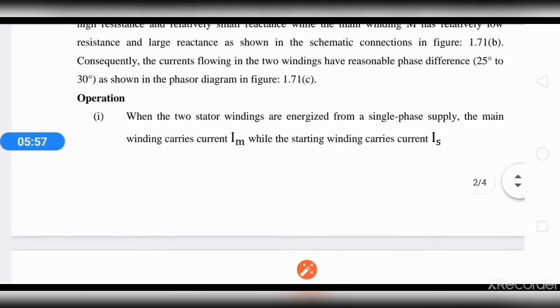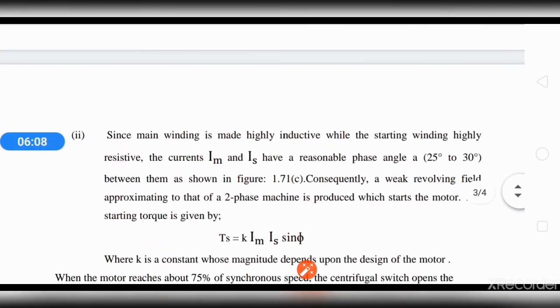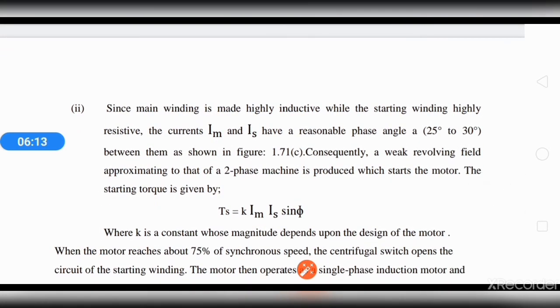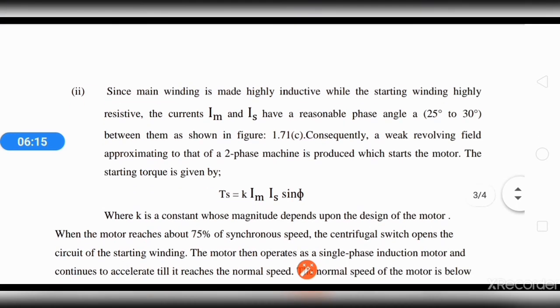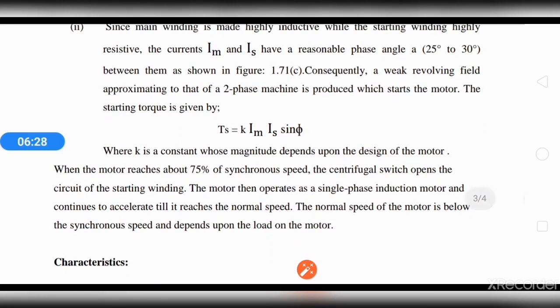When the two stator windings are energized from a single phase supply, the main winding carries the current Im, and the starting winding carries the current Is. Since the main winding is made highly inductive while the starting winding is highly resistive, currents Im and Is have a reasonable phase difference. Consequently, a weak revolving field approximately similar to that of a two-phase machine is produced, which starts the motor. The starting torque is given by the formula K Im Is sin phi.